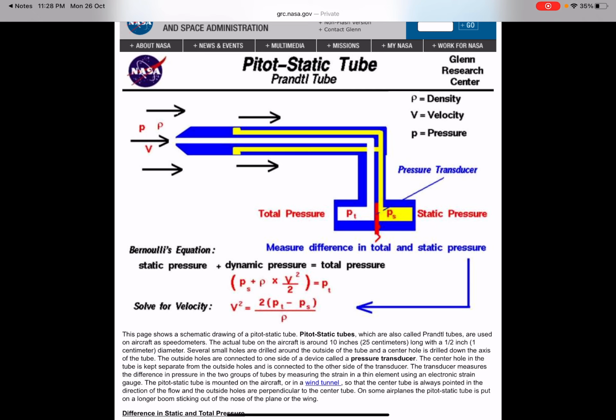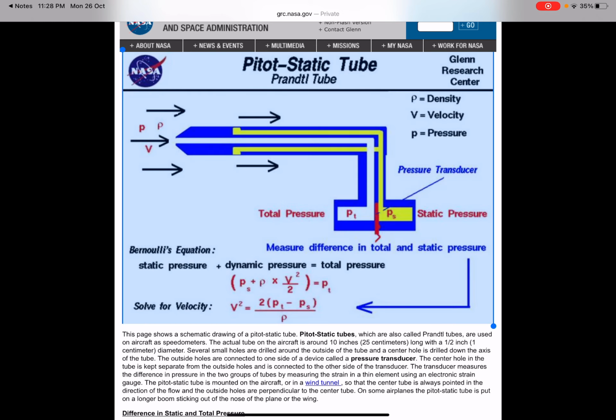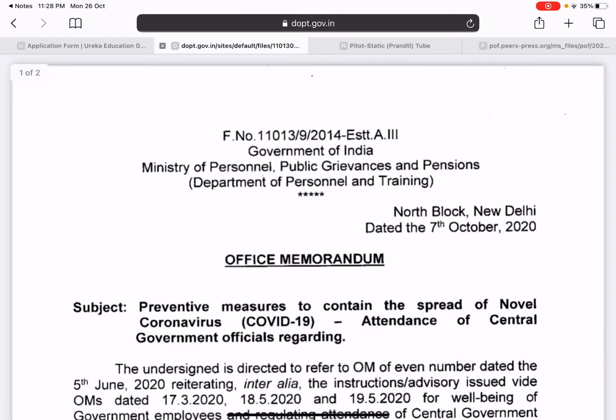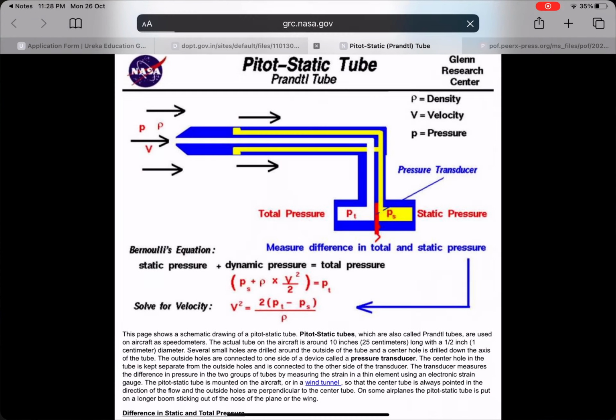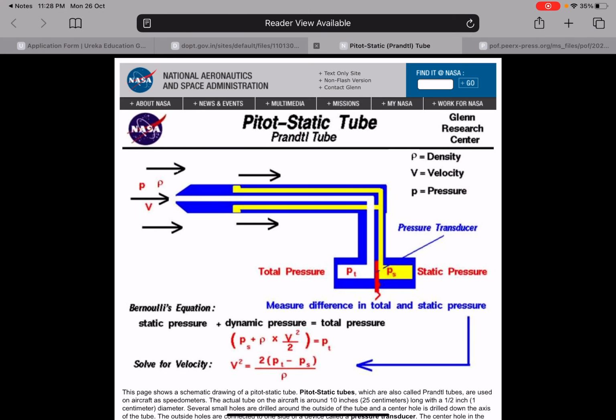Now what is shown here is the left side, from here the flow goes in, the white part of the tube. So we'll get back to this again. The white part measures the total pressure.